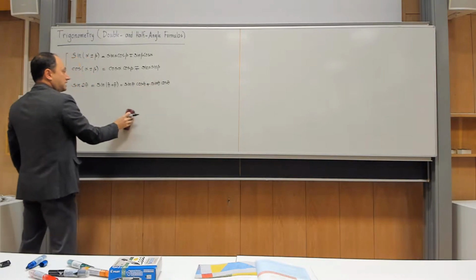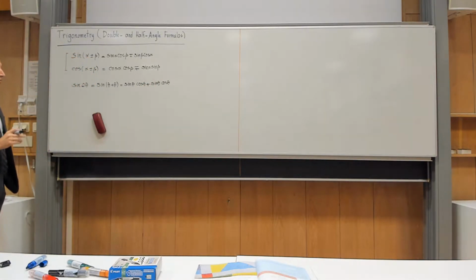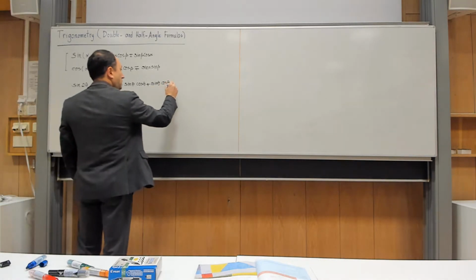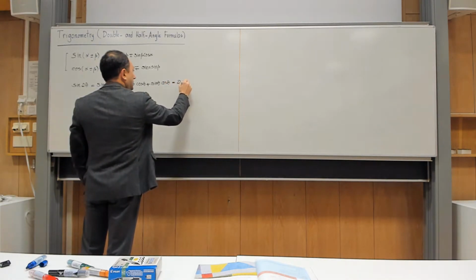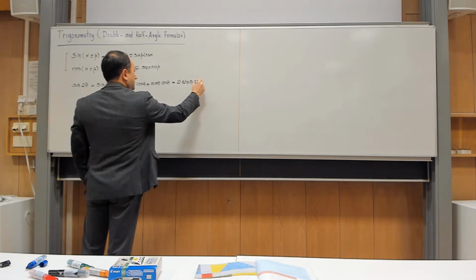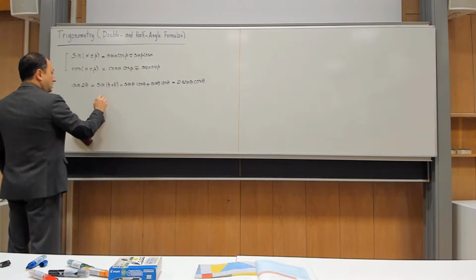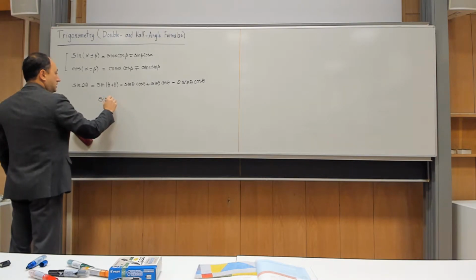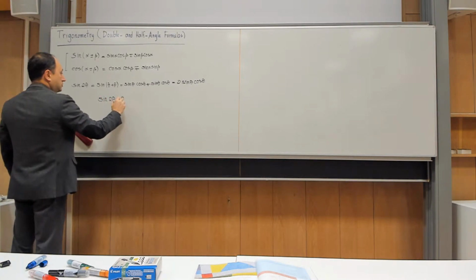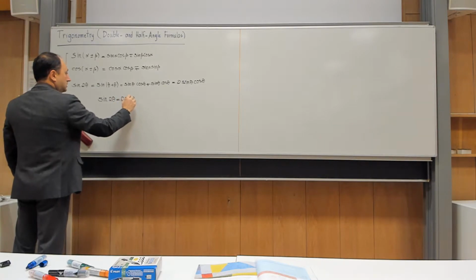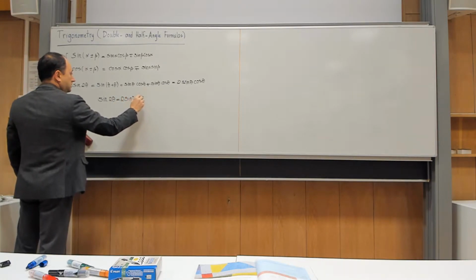You see that exactly the same combination appears, so you are adding the same expression 2 times. This is why it becomes 2 sine theta cosine theta. So we discovered the formula: sine of 2 theta is equal to 2 sine theta times cosine theta.